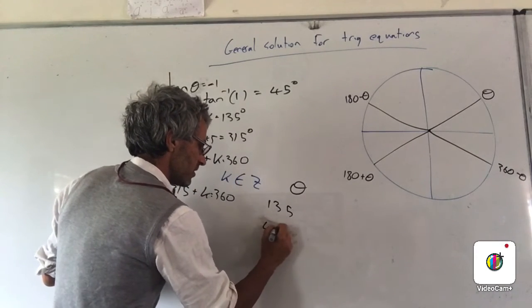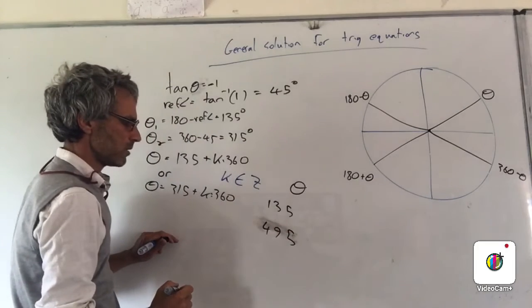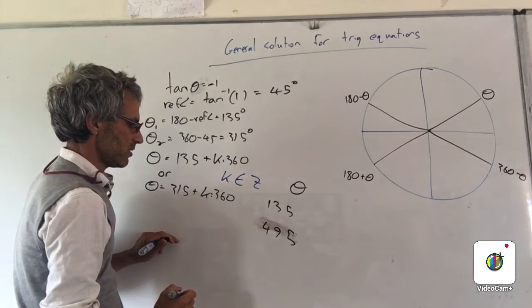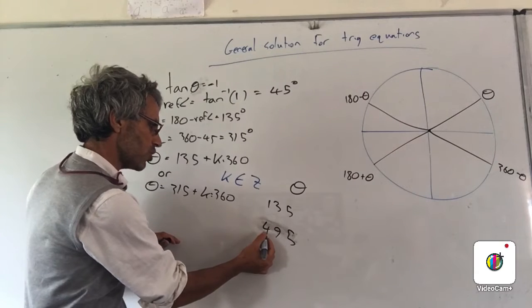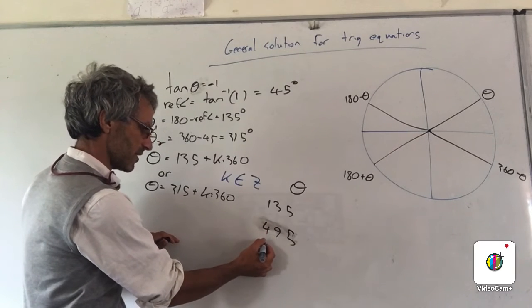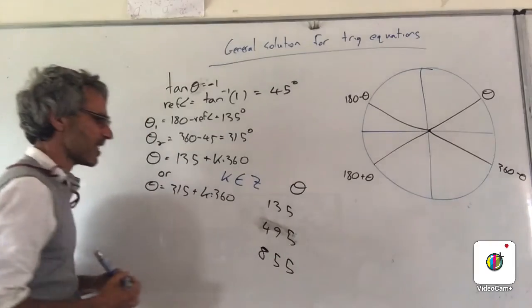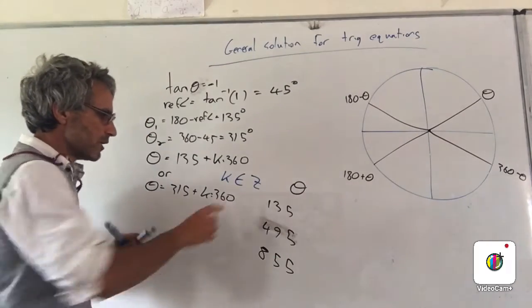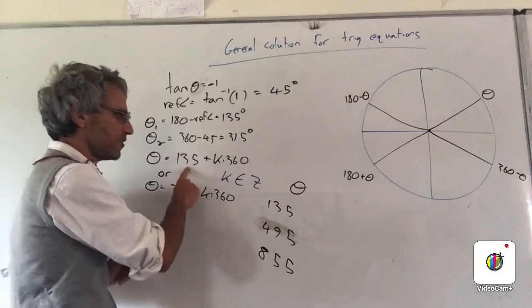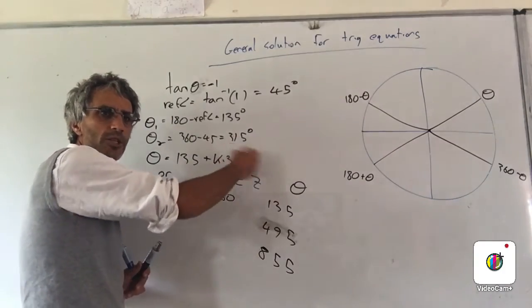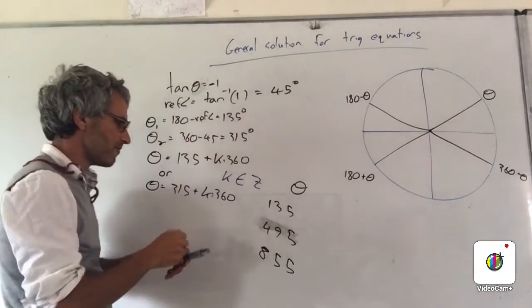Okay, let's do one more. 855? You sure? We're adding 360. Is that 855? He has a calculator. Good, there's nothing wrong with a calculator. So these are the first 3 of this one. Obviously, I didn't include the minus. I could put K negative, but never mind that.